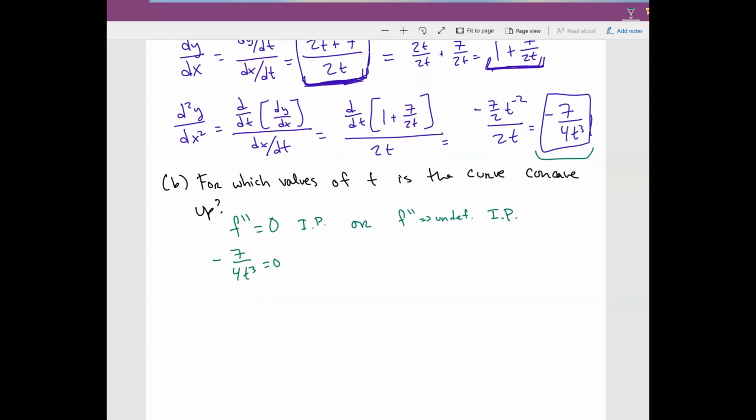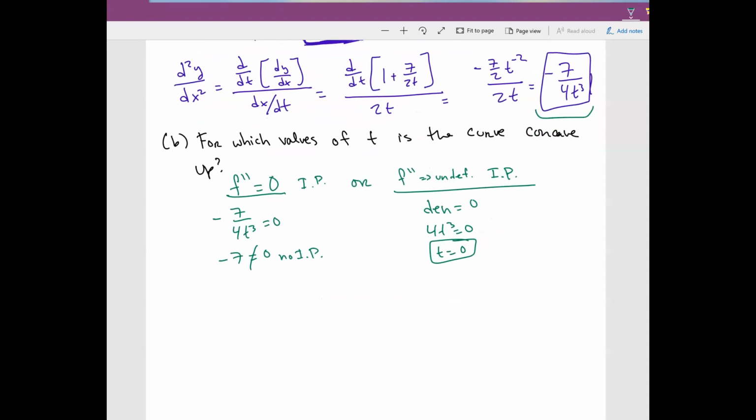Notice that if I multiply the 4t cubed to the other side, you get negative 7 equals 0, which doesn't make any sense. So when it equals 0, you get no inflection points. So we have to check when the second derivative is undefined. It's undefined when the denominator equals 0, so 4t cubed equals 0. Clearly, t is equal to 0. So this is a possible inflection point.